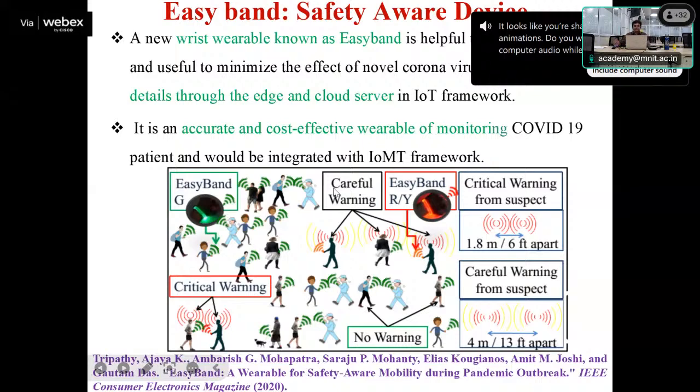We have considered a 1.8 meter distance, that is, a 6 feet distance. If a person we consider healthy comes within this 6 feet distance, then the green indication is automatically converted into yellow.